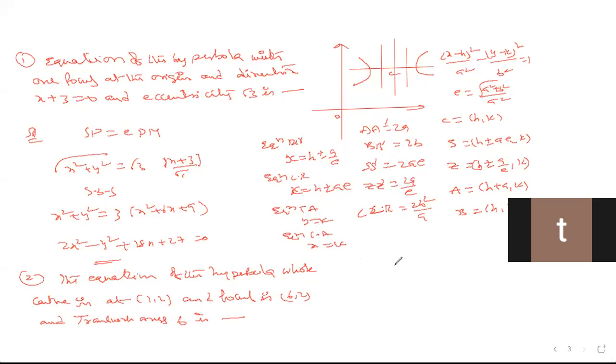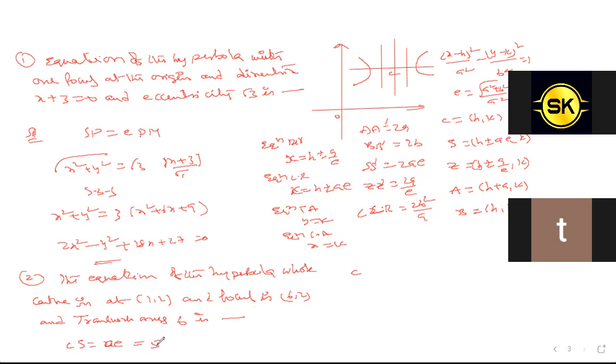By seeing this, we may get the center. What is CS? CS is equal to ae, which is 5. The eccentricity is asked, the center and focus are given, and the transverse axis is given: 2a is 6, so a is equal to 3. So e is equal to 5 by 3.